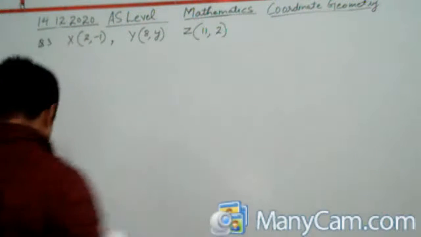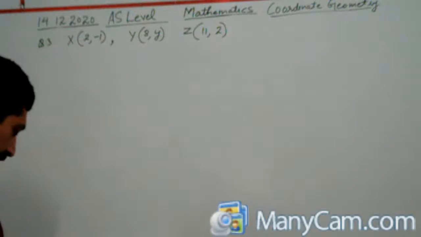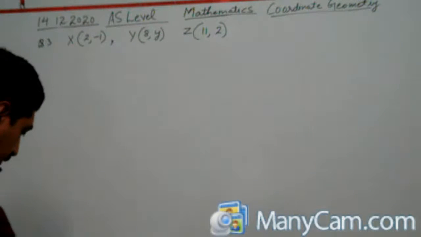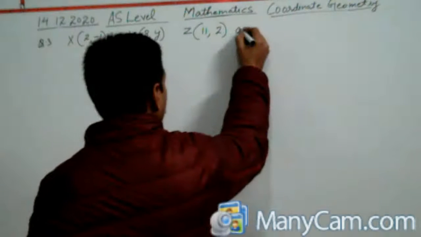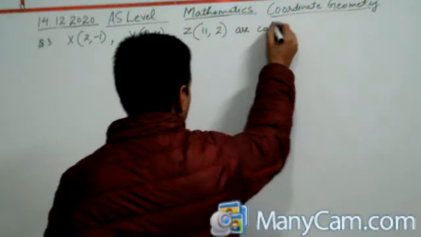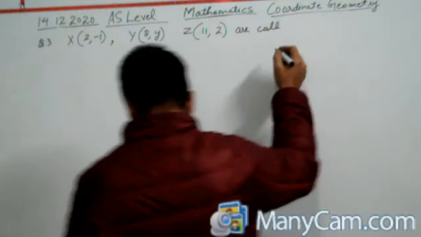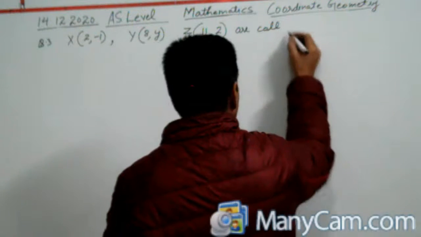The question is: these 3 points are collinear.